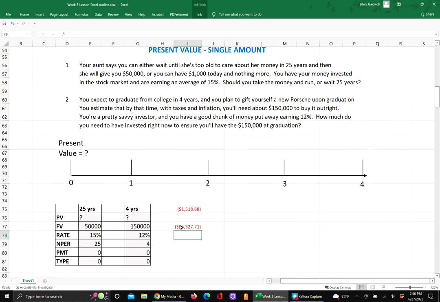If I don't have 95,000 saved up, it's not going to grow at 12% to 150,000. If I have more than that, like if right now in the present I actually have saved up 100,000, it'll grow to more. But I need 95,000 saved for it to be enough to buy that Porsche in cash.